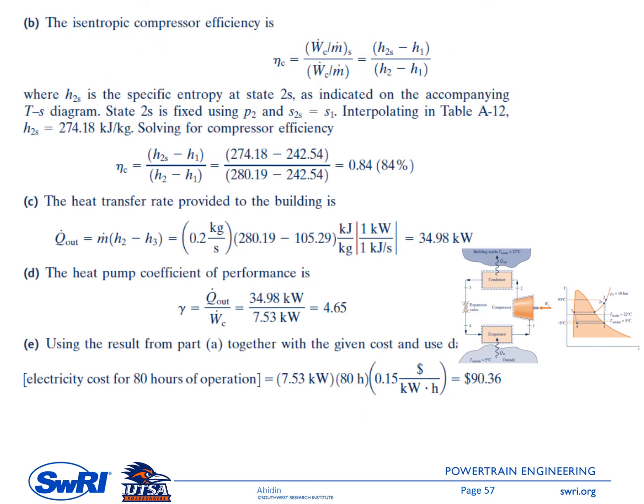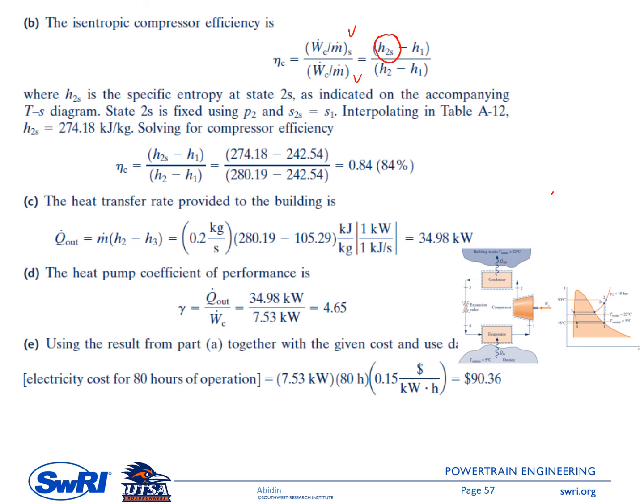The second question is the isentropic efficiency of the compressor. So this is the ratio between the isentropic compressor work over the actual compressor work. So (H2s minus H1) over (H2 minus H1). So we have H1, we have H2 from the previous table. We need to get H2s.